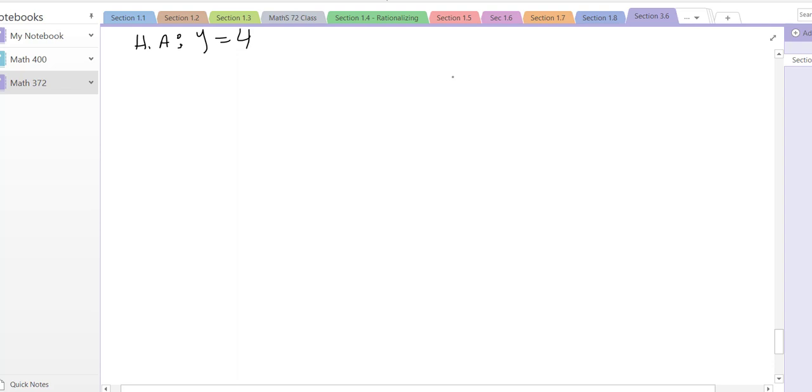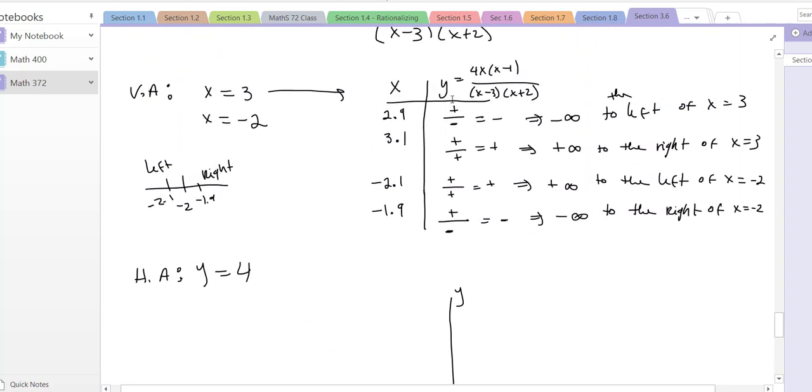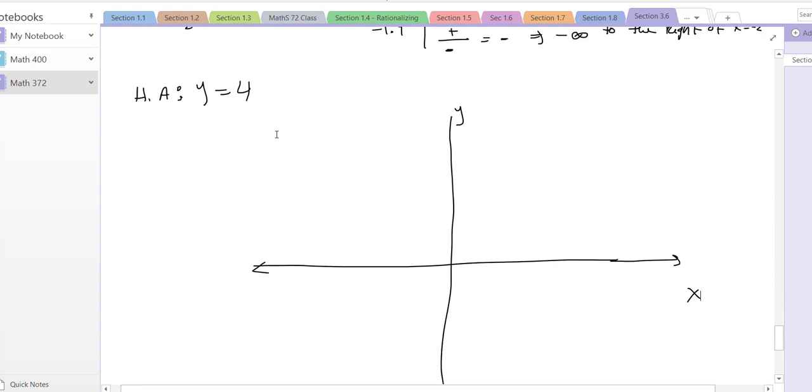So let's see if I can do this justice. I'm getting better with my tablet. So this is our x-axis, this is our y-axis, and let's plot the things that we know. I know my domain, so I've got a vertical asymptote at x equals 3 and x equals negative 2.